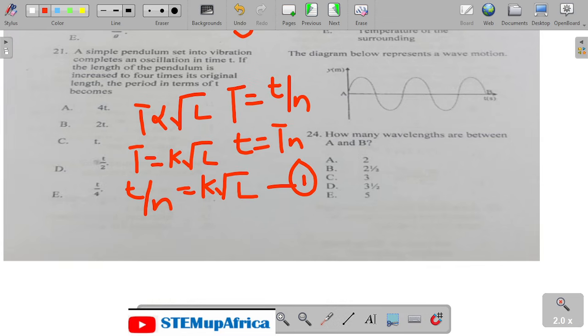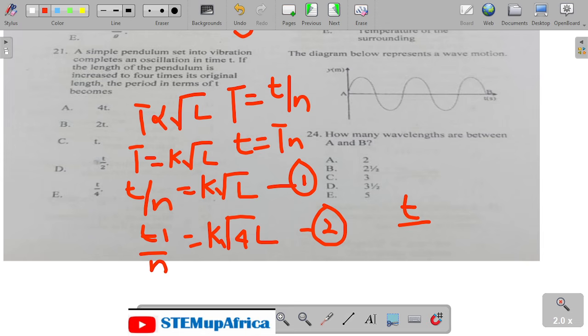Then, if the length is increased by 4, what's the period? So let's come in with T1 over n equals k square root of 4L, increased by 4. Let's call this equation 2. If I use 1 to divide 2, I'm having T over T1 equals root L over root 4L.